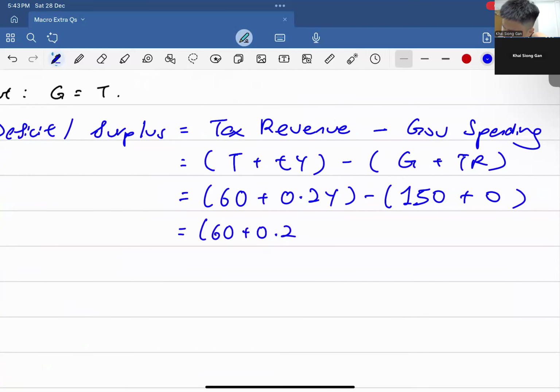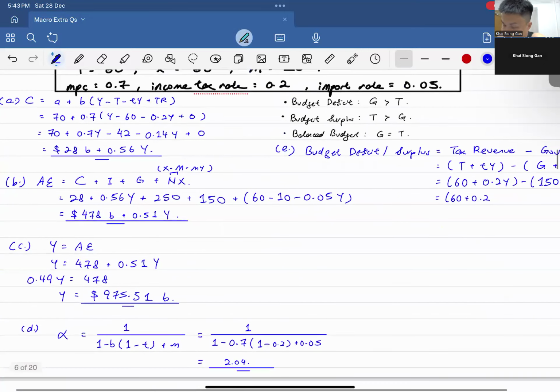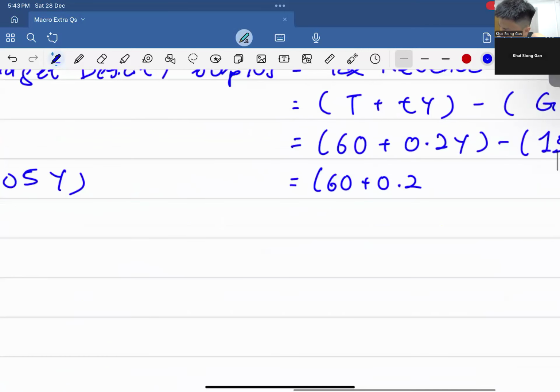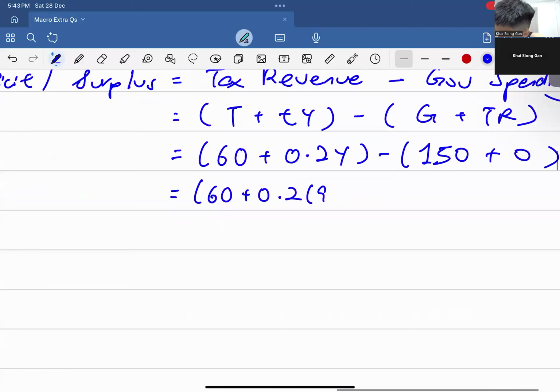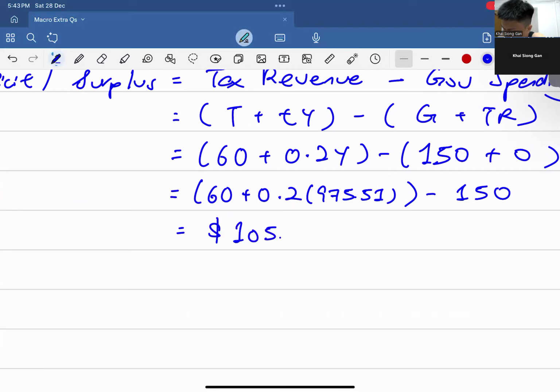The value of y is 975.51. Then use your calculator to derive the answer. At least this question requires you to think a bit, which is good. You will be able to get 105.10 billion.